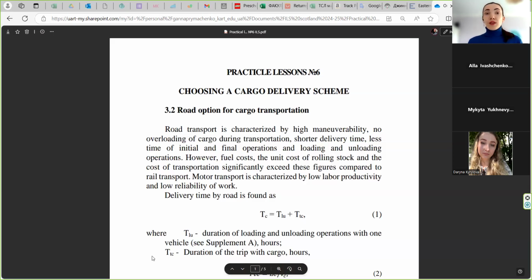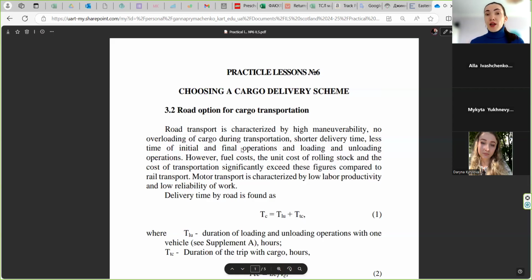So while you're writing, here is information about what we need to find today and about road transport. Road transport is characterized by high maneuverability, no overloading of cargo during transportation, and shorter delivery time, because we have a big part of the road for car transport, and it is faster.